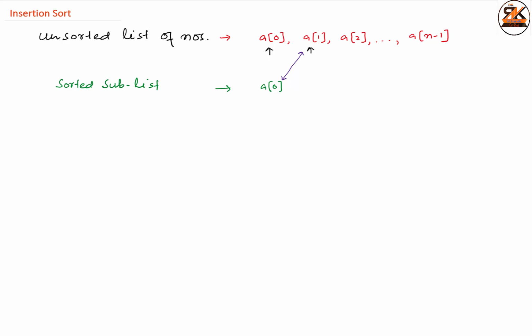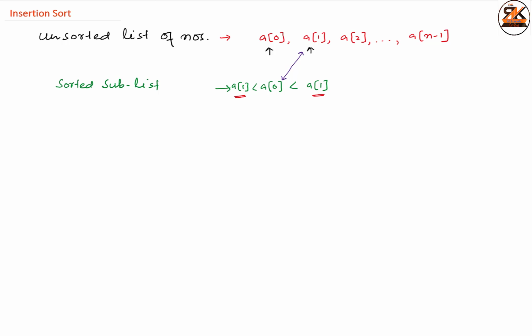If A1 is less than A0, then we place A1 on the left. So these are the two appropriate places for A1, but it depends on the situation, after comparing A1 with the already existing element in the sorted sublist.